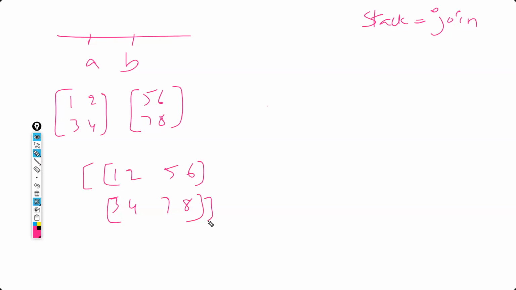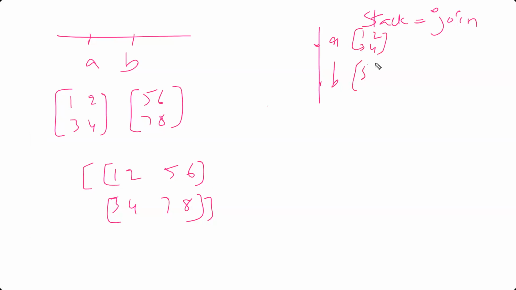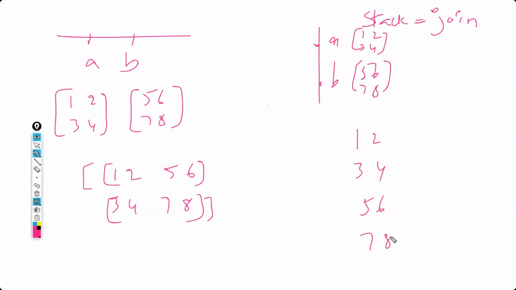On a horizontal line, A and B are there. Vertical stack, that is A and B. That is nothing but 1, 2, 3, 4, 5, 6, 7, 8. Now if you combine them, it means A on top and B at the bottom.